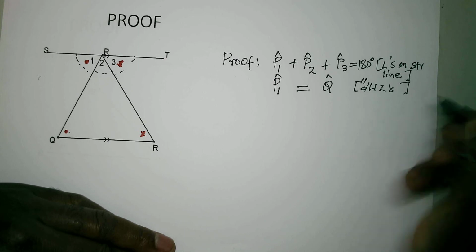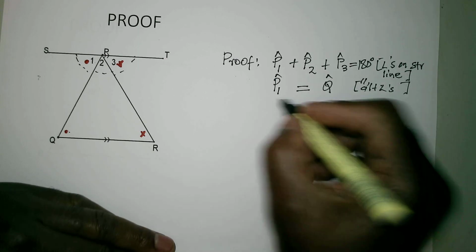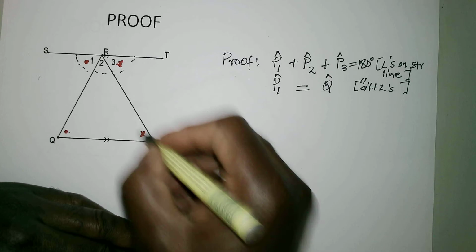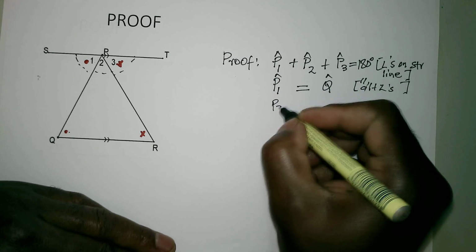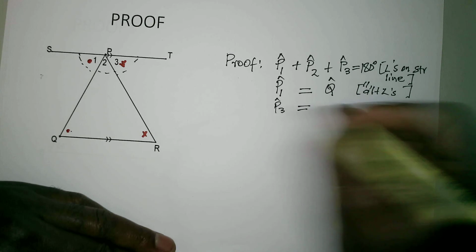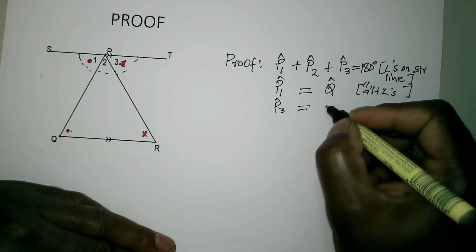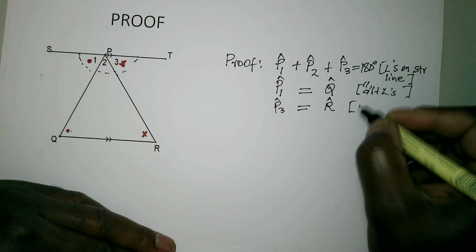And P2 is already in the triangle. We want to see how we get angles in the triangle. Angle P3 is equal to, already we found, angle R. Again, parallel lines, alternate angles.